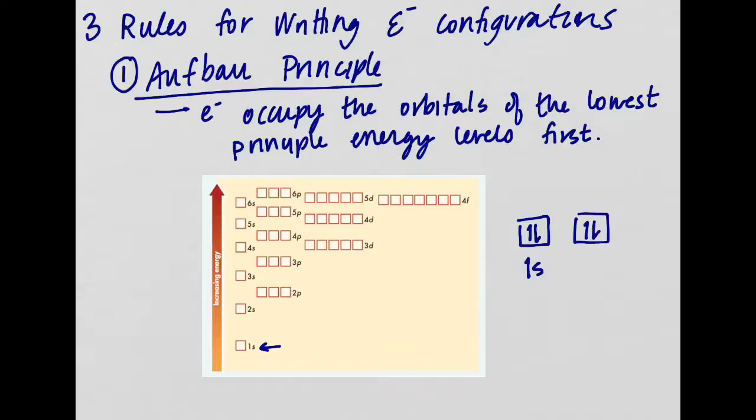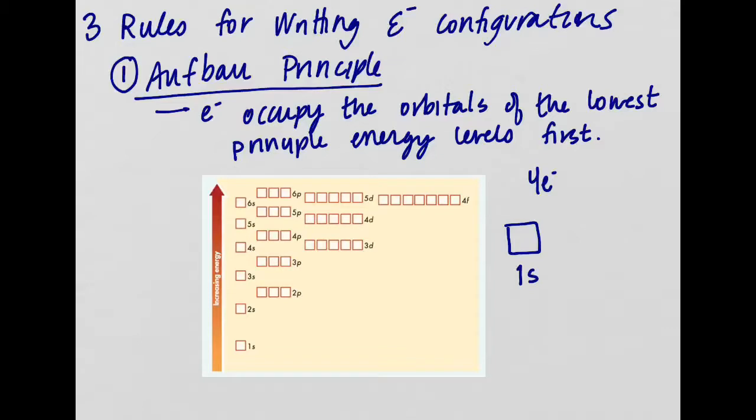If I have 4 electrons, I want to know where I'm going to put them, how I'm going to arrange them in my electron configuration. Aufbau's principle says that first we're going to fill up our lowest energy level.